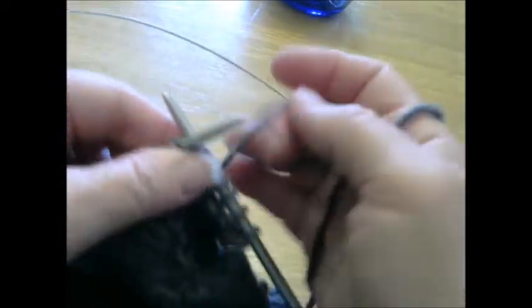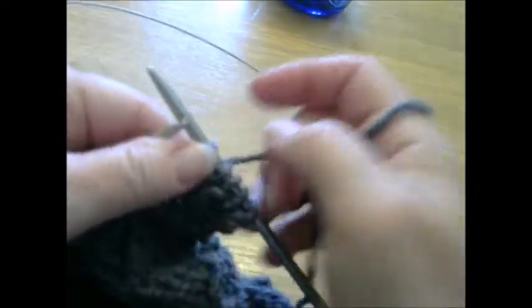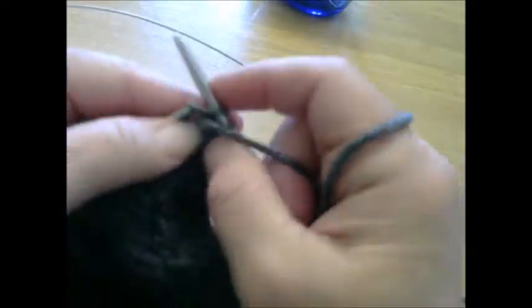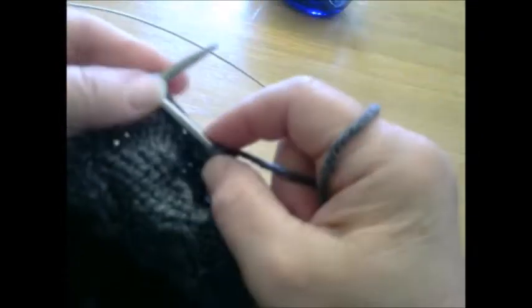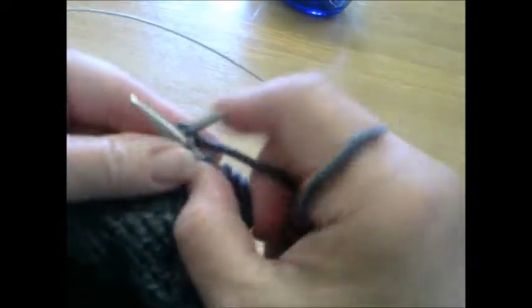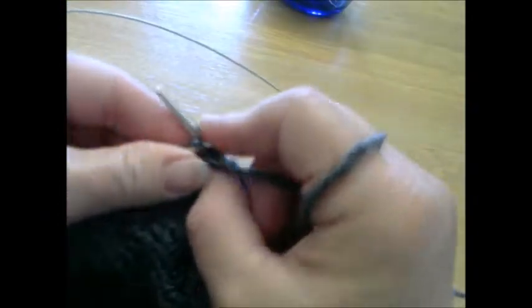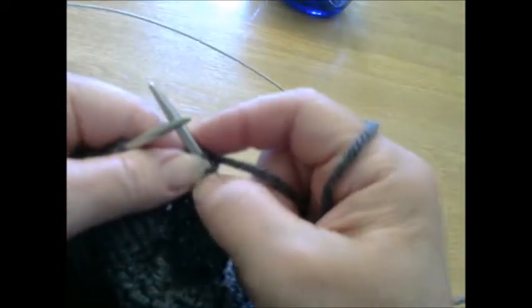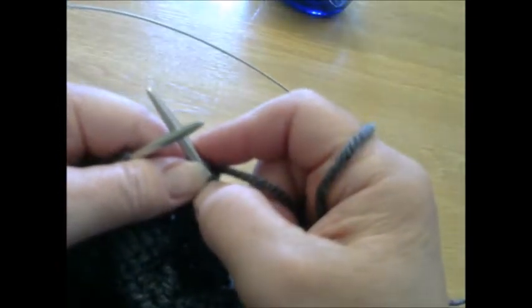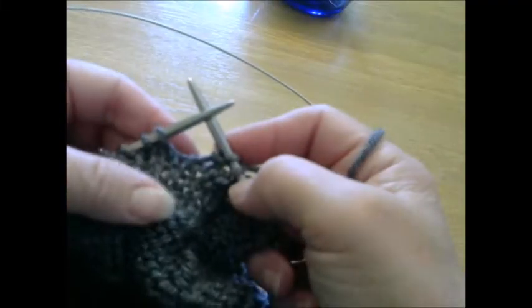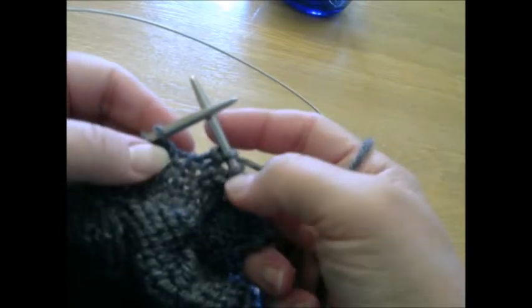It's similar to what we did with the rib stitch, but every single stitch is moving between the knit and the purl. And I will put up on the screen right here what that would look like in a pattern. Now let's knit to the end of the row and then we'll go from there.